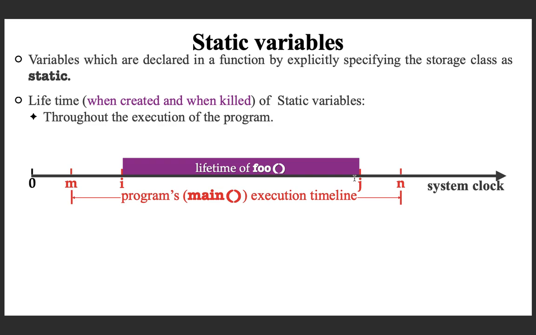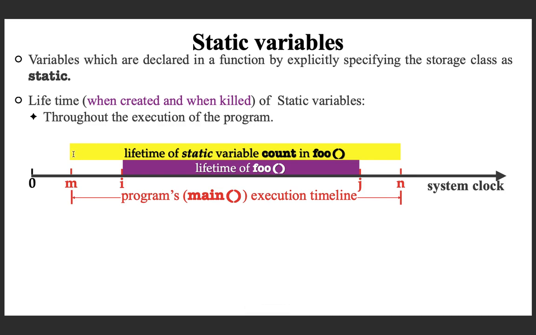Now we are interested in knowing what will be the lifetime of a local static variable in foo. You can see that the lifetime starts at the start time of the program and ends only at the end time. So throughout the execution of the program, the static variables are live, regardless of in which function those variables are created as static local variables. So what we discussed is that static variables get killed only when the program terminates.